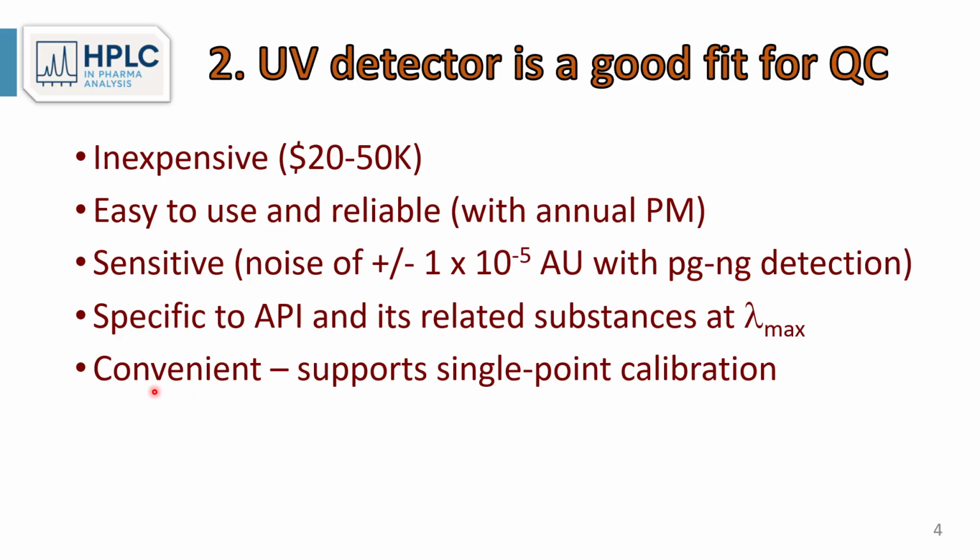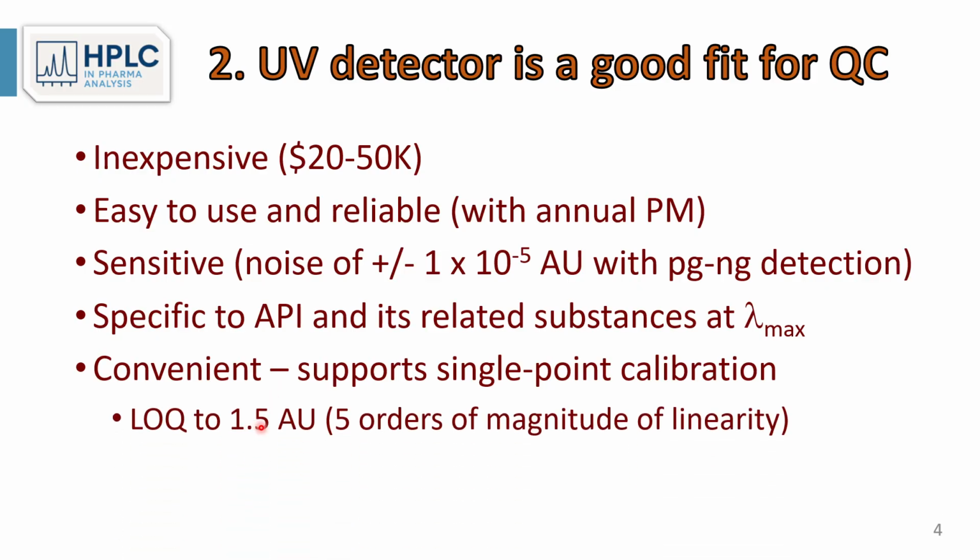It is also highly convenient, meaning that it can support a single point calibration. This is because UV detectors typically have 5 orders of magnitude of linearity, from the LOQ, limit of quantitation, typically about 0.05% of the drug substance sample, to 1.5 AU, or absorbance units.